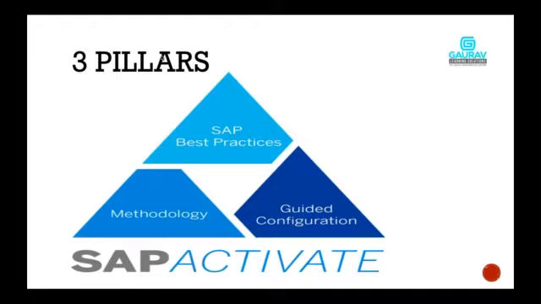Now, what exactly do you mean by pillars? So methodology is one thing that SAP Activate provides you, but apart from the methodology, it also provides the best practices. Now, what do you mean by best practices? So again, if you go to the session day before yesterday, we discussed on-premise versus on-cloud.